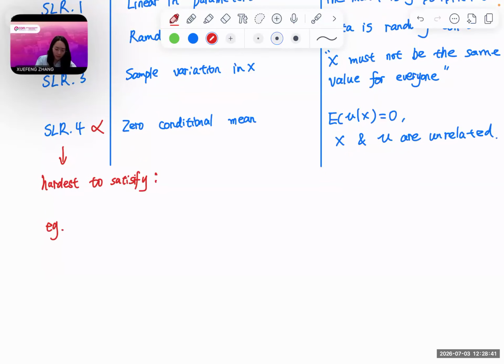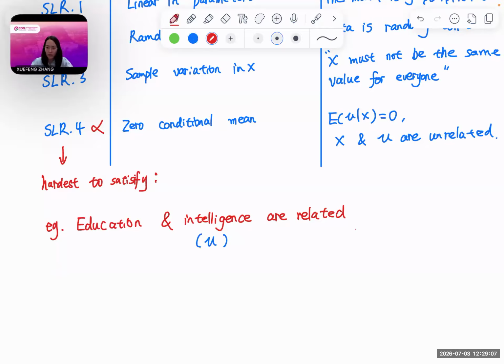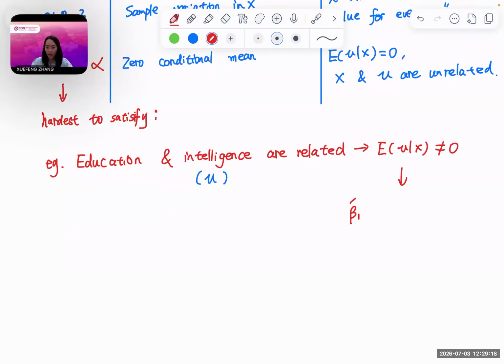Okay, for example, education and intelligence. They are related. Okay, and education is contained in mu. So that means this condition doesn't equal 0, which means beta 1 hat is biased.